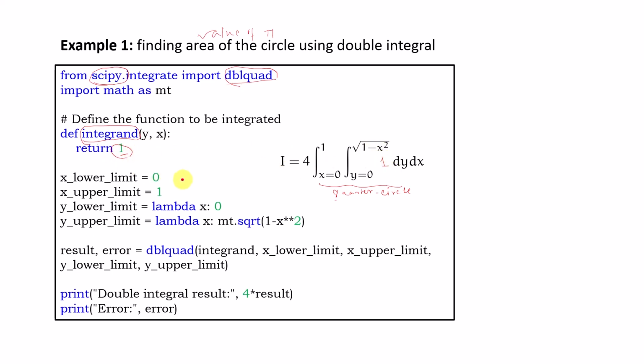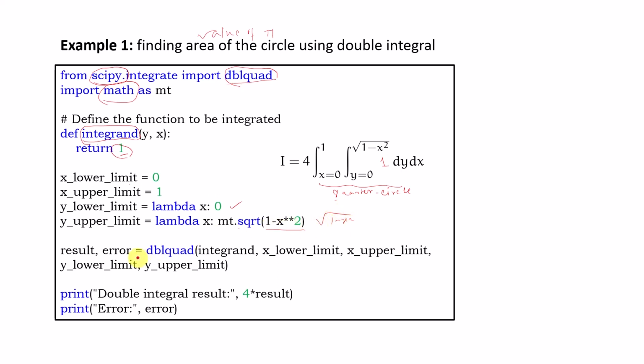So integrate 1, then x lower limit is 0, x upper limit is 1, then the y lower limit could be a function of x, that is why lambda x, but in this case it is 0. The y upper limit could also be a function of x. So this is root over 1 minus x square. This mt is the math. To evaluate the square root, we are using this math package. So this is the lower limit of y, and the upper limit of y is root over 1 minus x square.